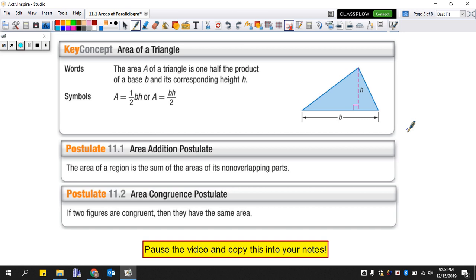So in other words, if you have several different shapes, the area of that entire thing is found by finding the area of each shape and then adding them all together. The second postulate just says that if two figures are congruent, then they have the same area. All right, so let's do several examples.